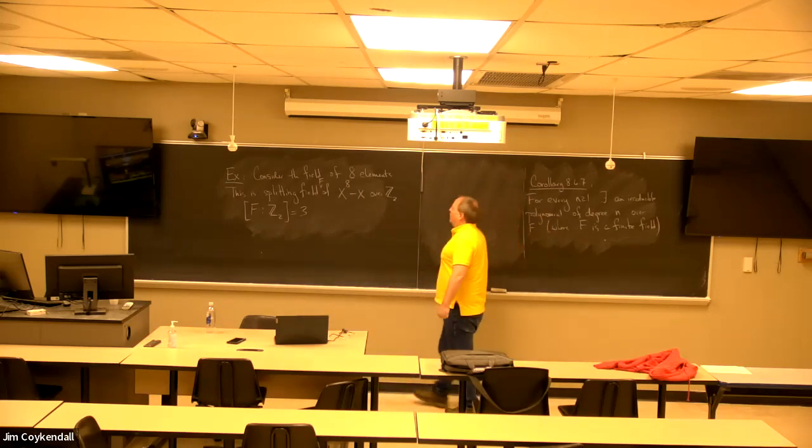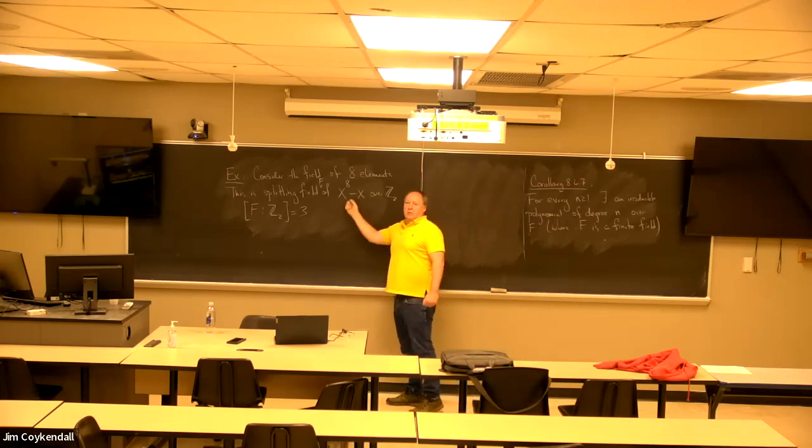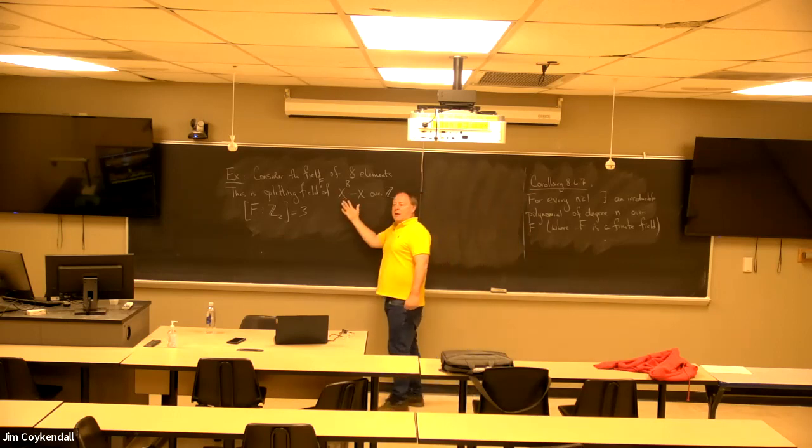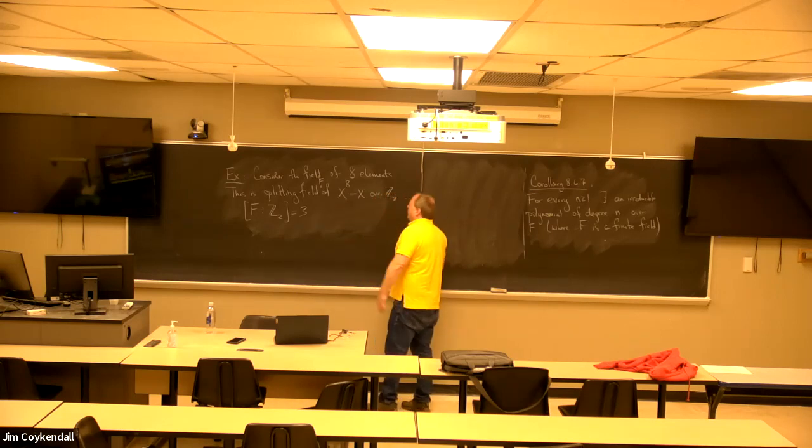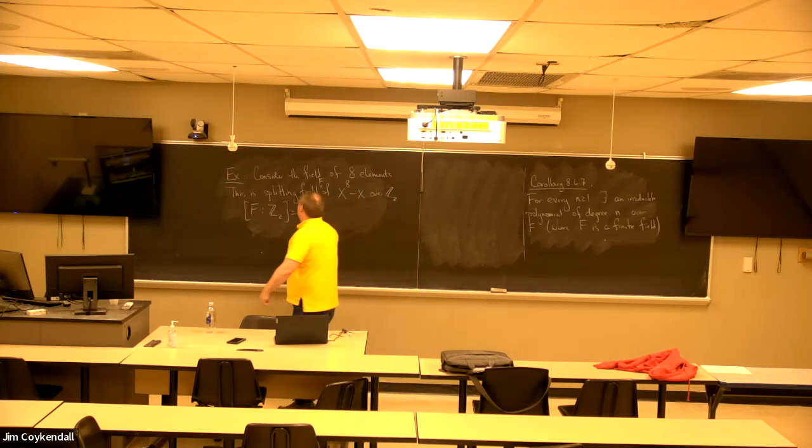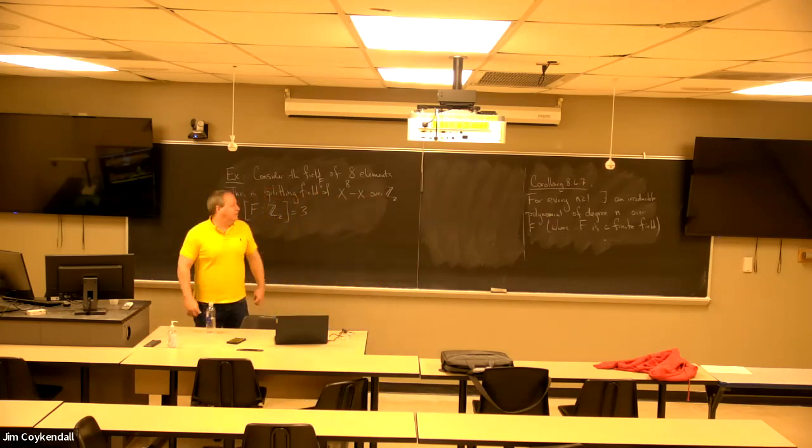I want to look more in depth about this and see what's going on, because if you factor this polynomial, which is reasonably easy to do here, obviously it's more complicated as you go up, but the pattern sort of continues.